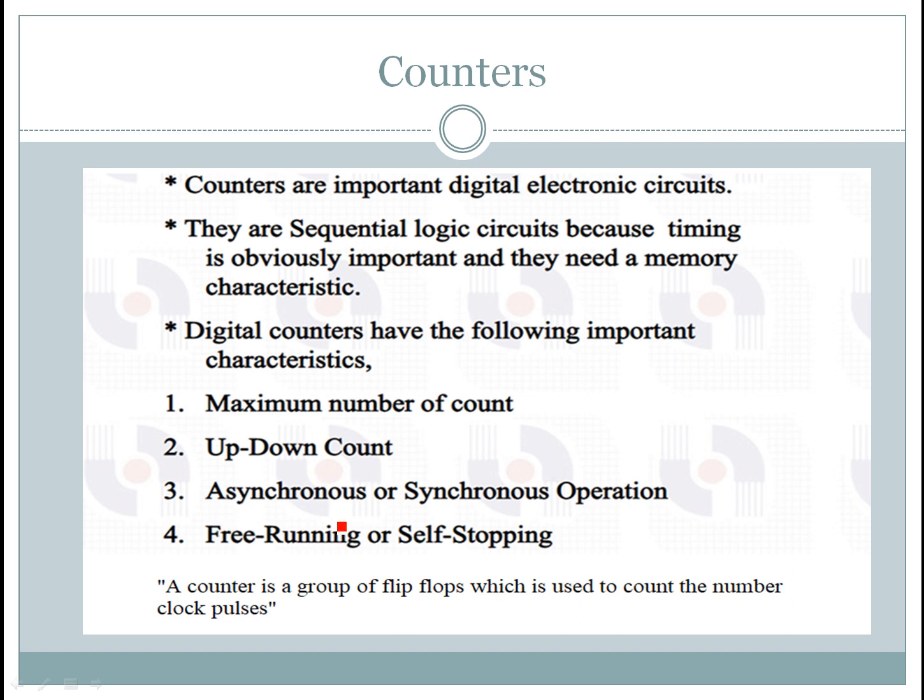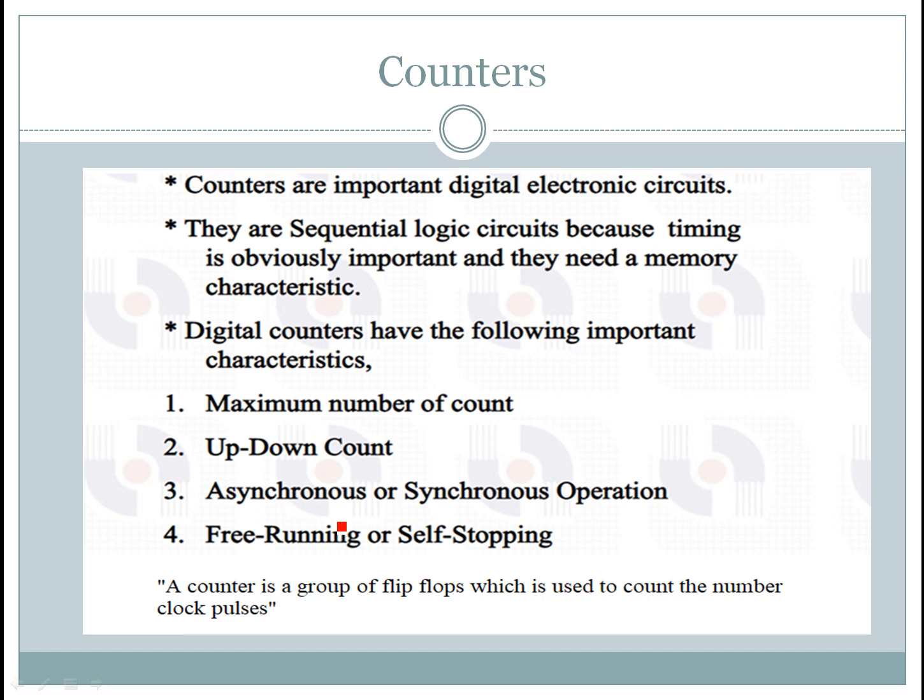And third one is asynchronous or synchronous operation. If you consider the counters, there are two types of counters. One is asynchronous and another is synchronous counters. In synchronous counters, all flip-flops are triggered with the same clock simultaneously.